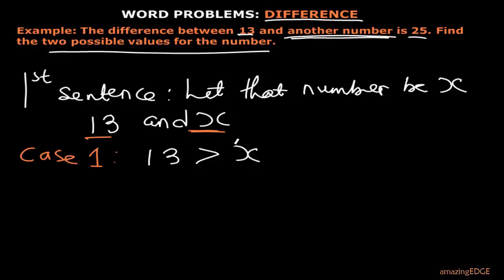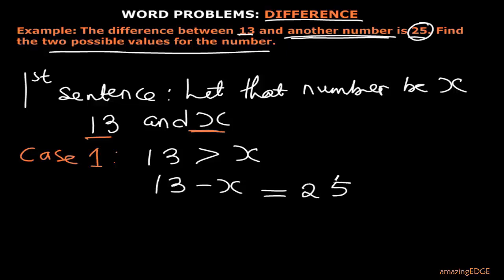So we now have 13 minus x. Because 13 is the greater number, we are going to subtract a small number from a big number. And from the question, this is equal to 25.